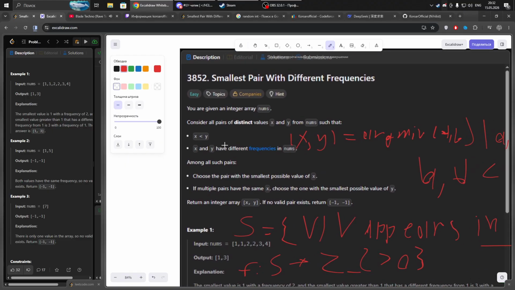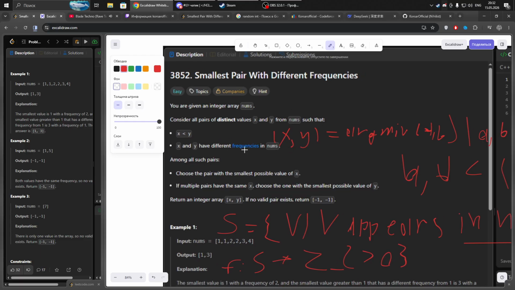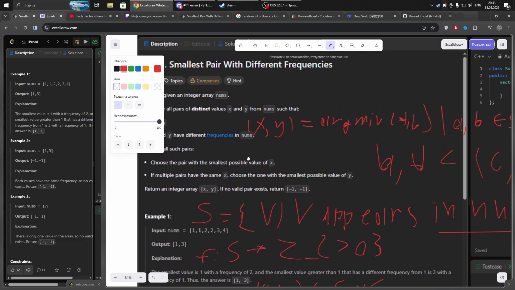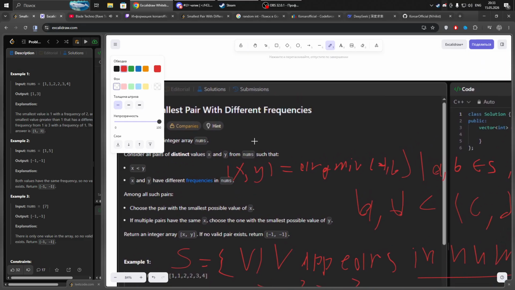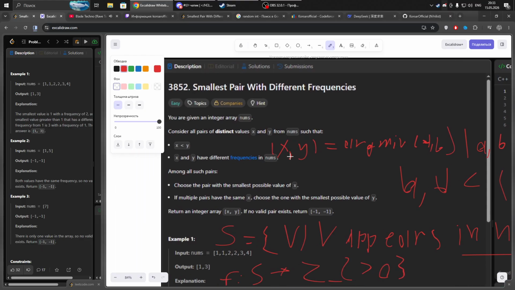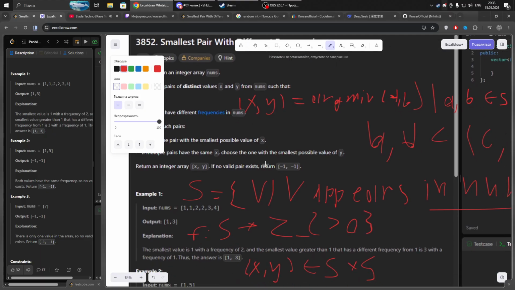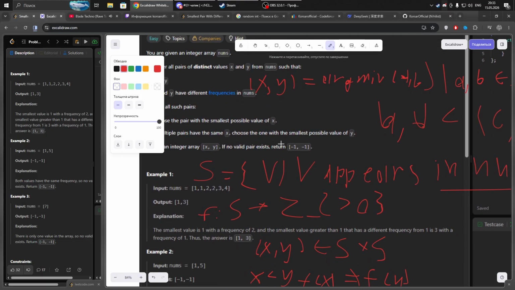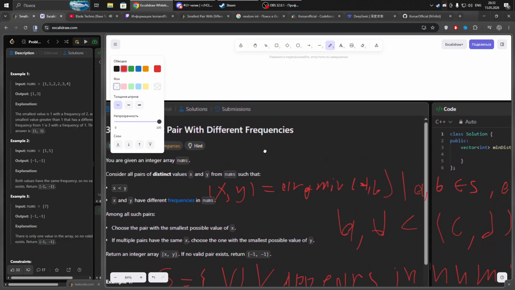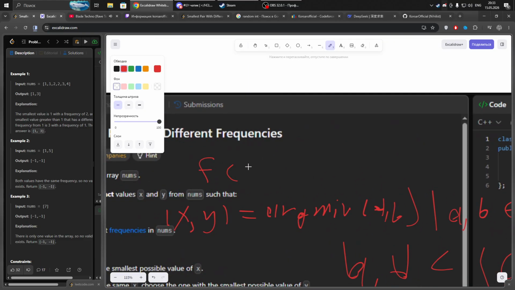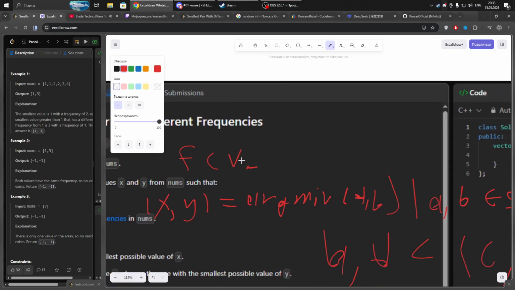It's v1 lower than v2 and so on up to vm. So for x as small as possible, x equals vi. So the best y is the smallest vj, where j is bigger than i, such that the frequencies differ.